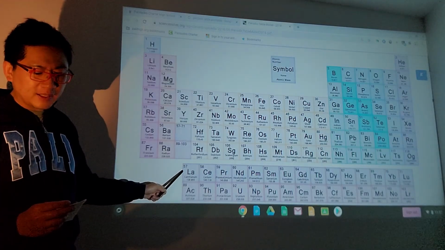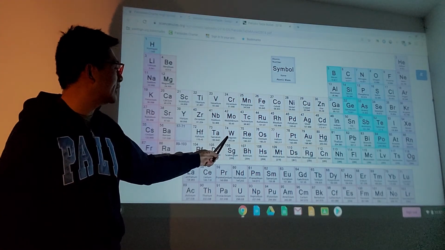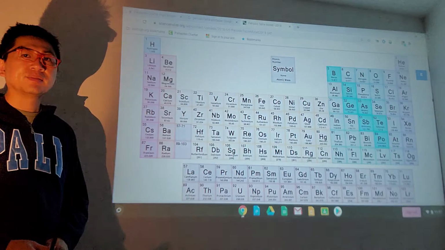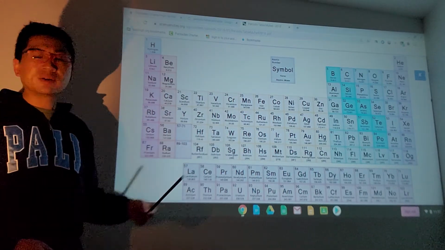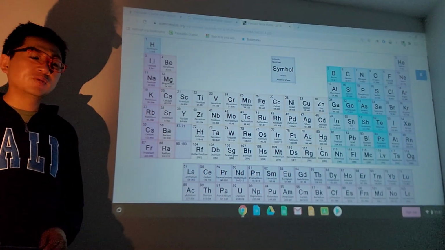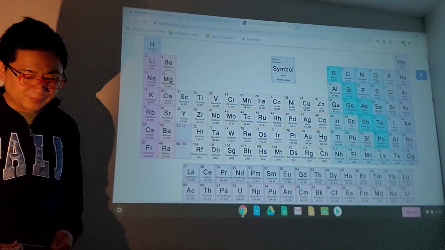Then we have element 74 here. W is tungsten. So another one that is not from English.